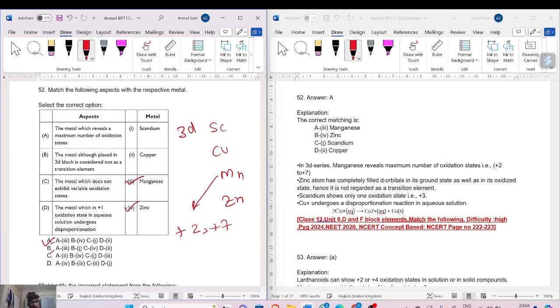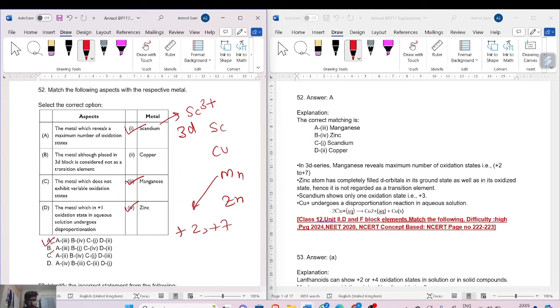So let's read option C. The metal which does not exhibit variable oxidation state: scandium does not exhibit variable oxidation state because its most stable state is +3.